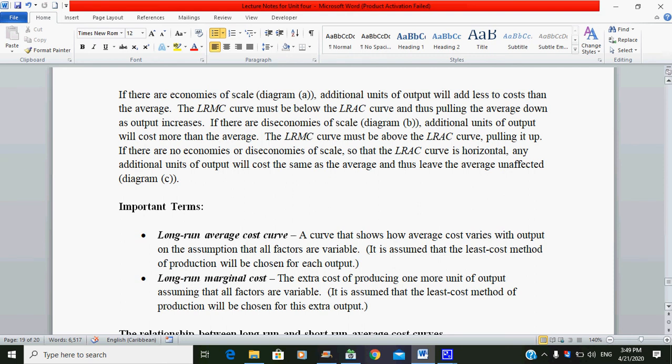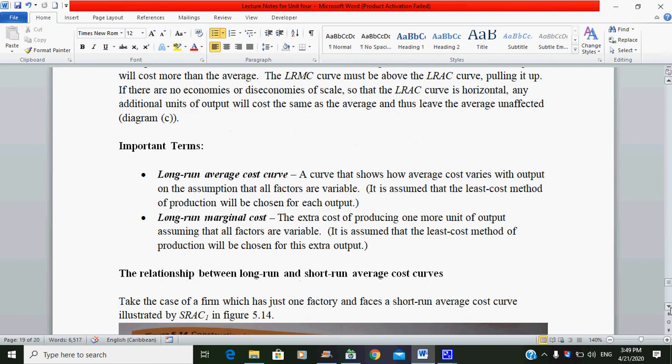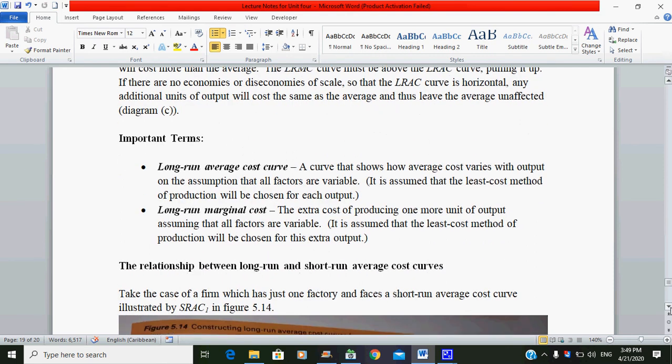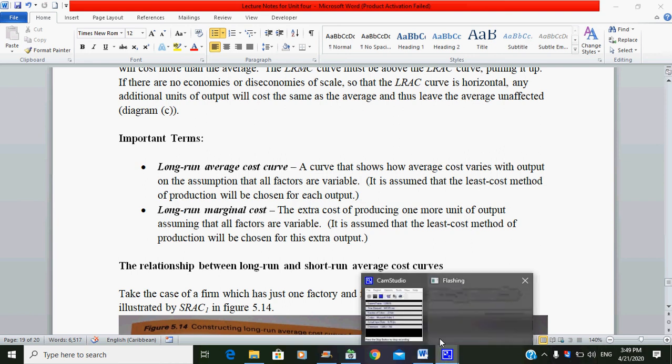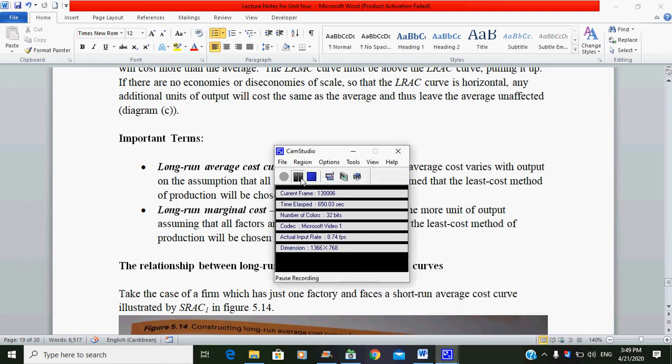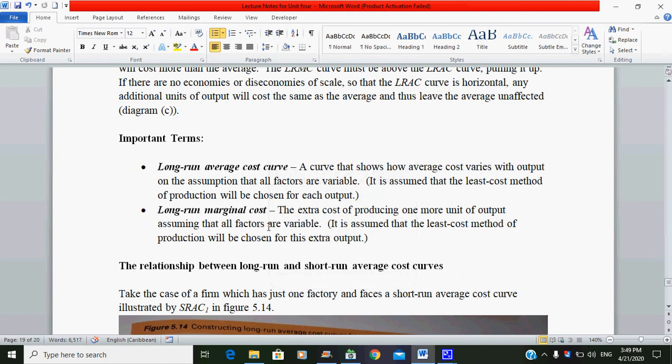Long run marginal cost: the extra cost of producing one more unit of output, assuming that all factors are variable. It is assumed that the least cost method of production will be chosen for this extra output.